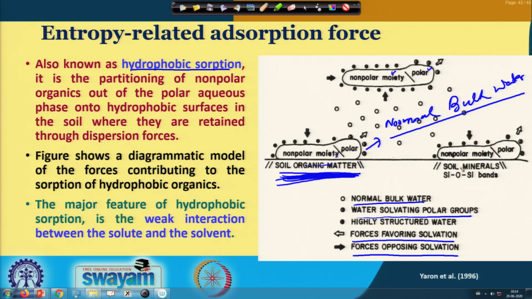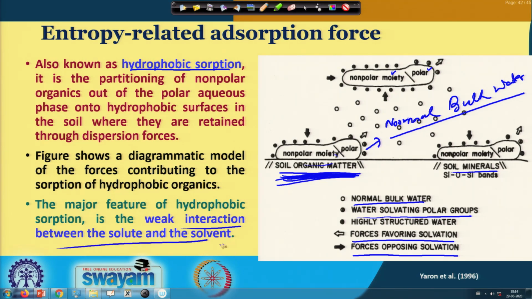Now, you can also see similar things in some soil minerals where this nonpolar moiety will be adsorbed, and obviously the polar phase will try to go out and favor the solvation process in the polar aqueous phase.